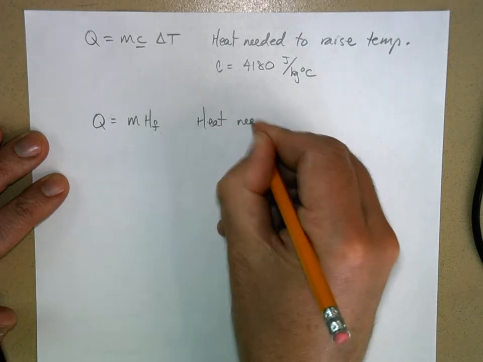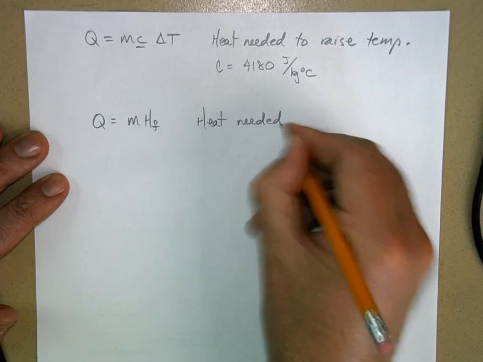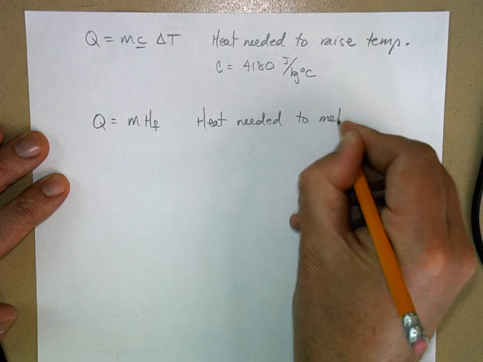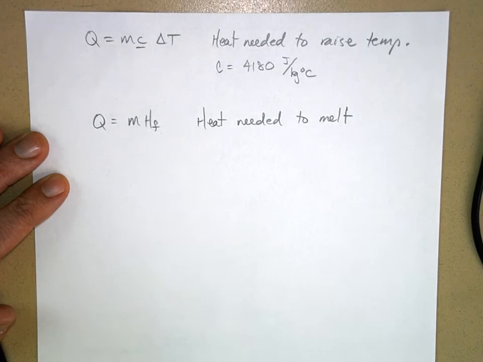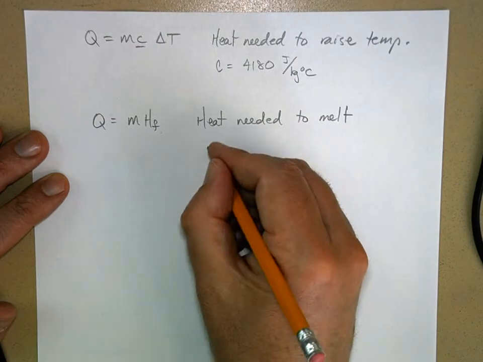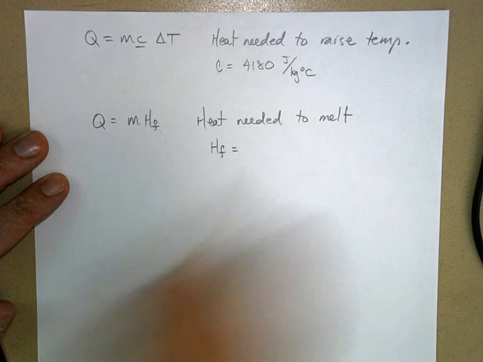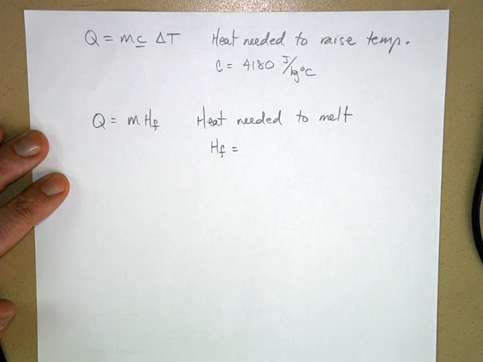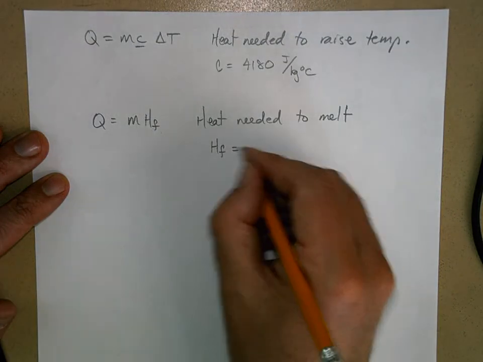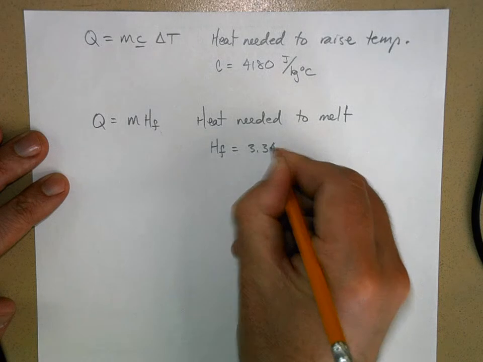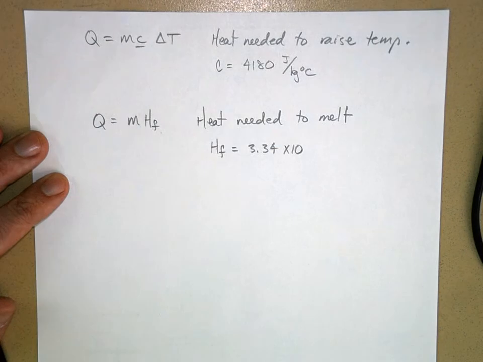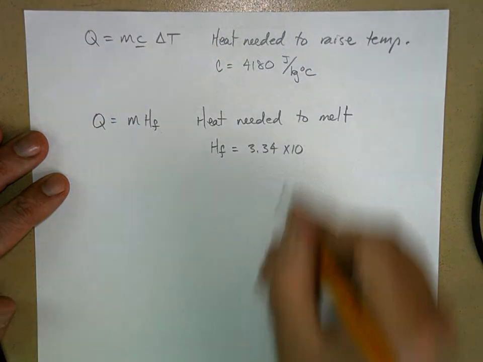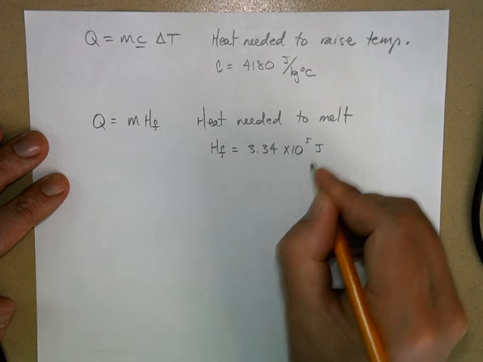Heat needed to melt. And the heat of fusion for water, we said, was 3.34 times 10 to the 5 joules per kilogram.